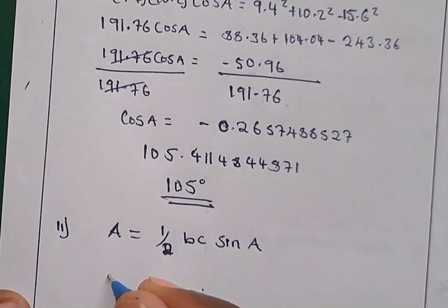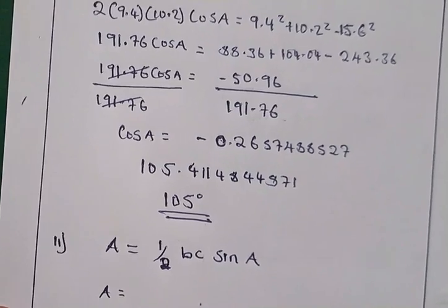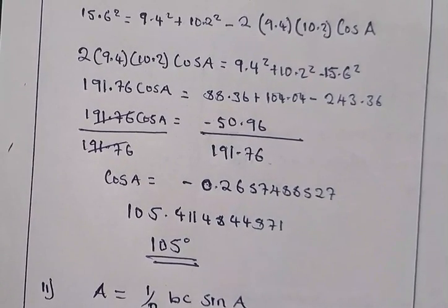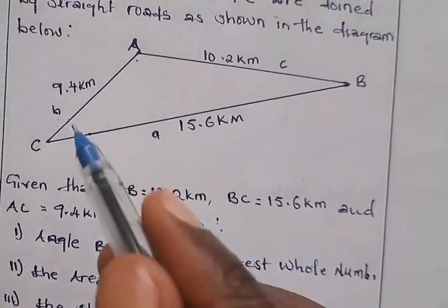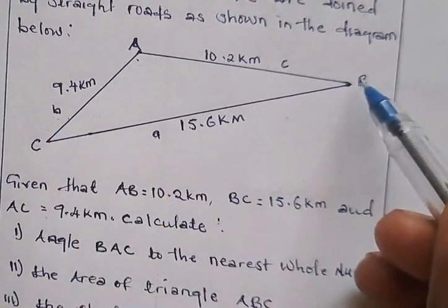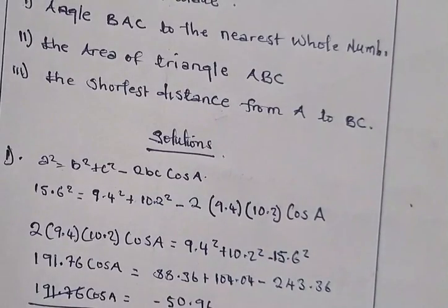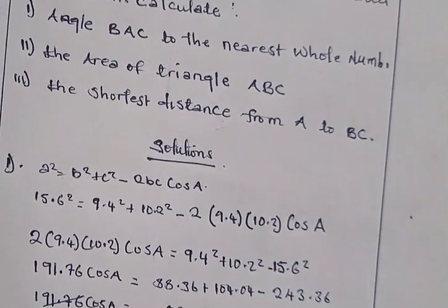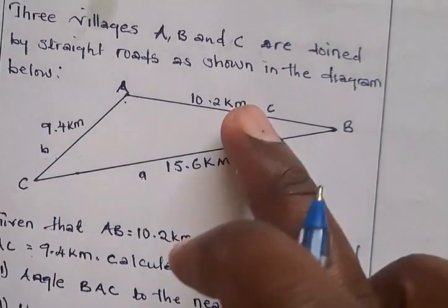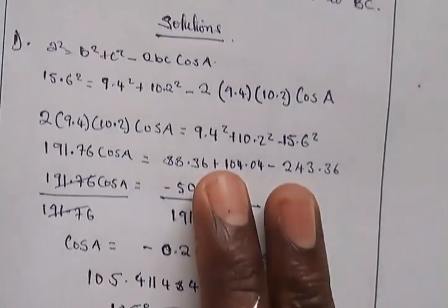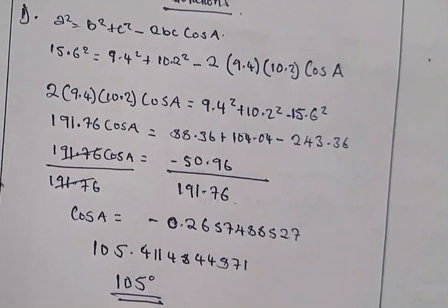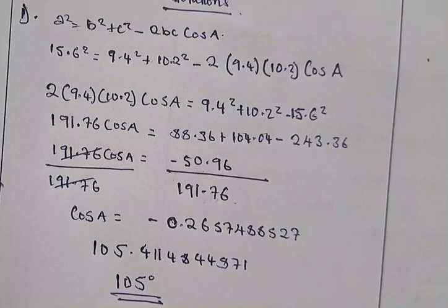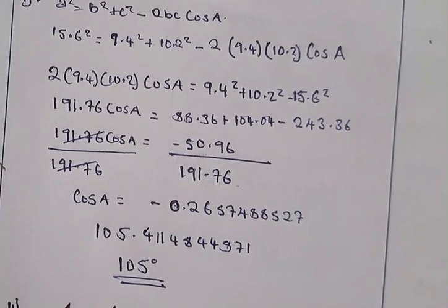So area is equal to half, what is B? Our B there, this is our B, that is 9.4, then our C there, that is 10.2, then sine A there.